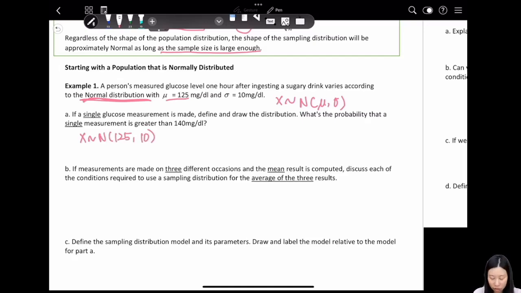And then we let X be the random variable of a random person's glucose level.